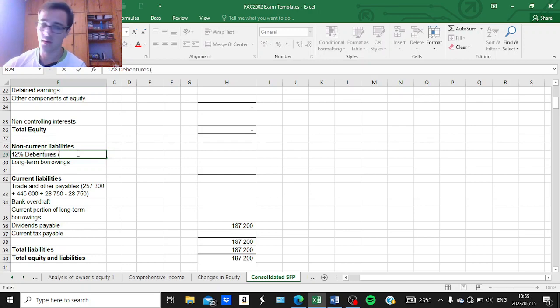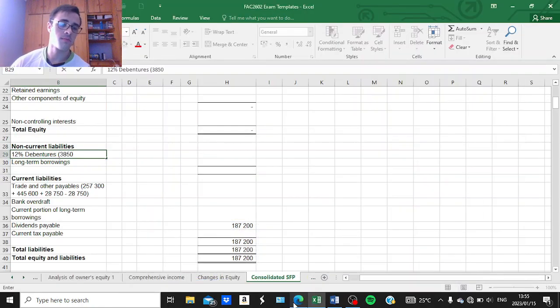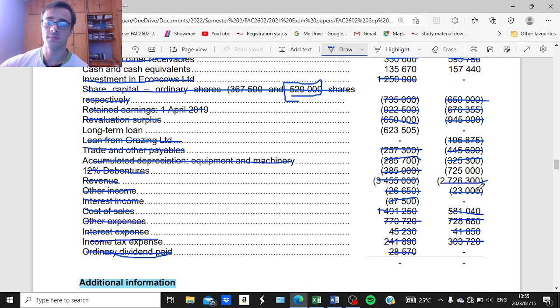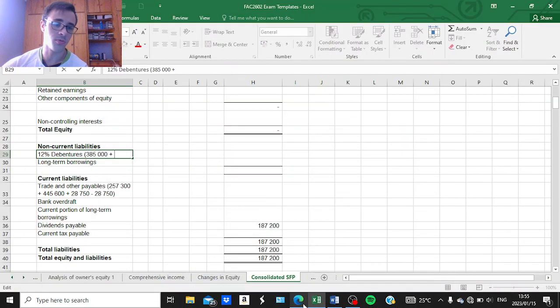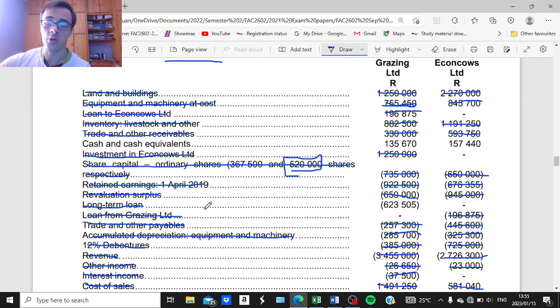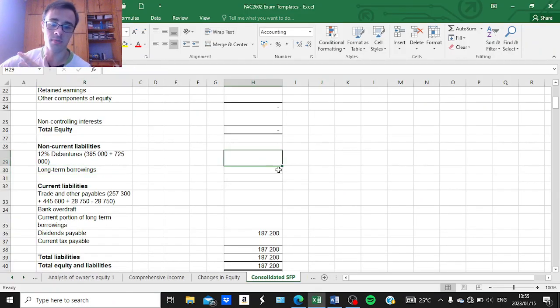Amount for the parent is 385, and 725 for the subsidiary. Okay. Then we have the long-term loan in Grazing Ltd's records. That is not an intergroup loan of 623,505. So we will show that as long-term borrowings, 623,505.